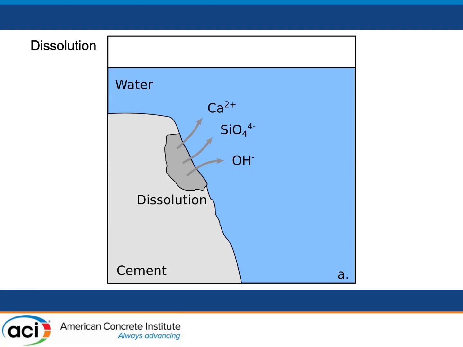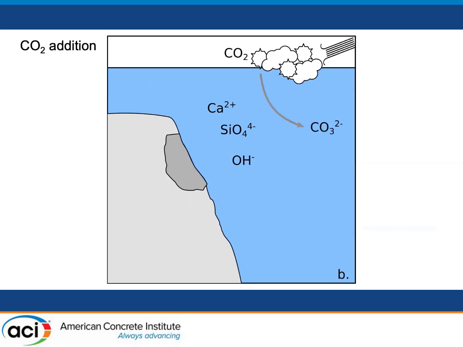What happens when it gets there? Since this is at the very earliest moments of concrete's life cycle, right in the mixing stage, we would start with water meeting cement, and you get some dissolution. When you add CO2 to the system, well, it's starting outside of the solution. It's a mixture of solid and gas, but just the way science goes, upon exposure to the solution, it will go into solution and form a carbonate ion.